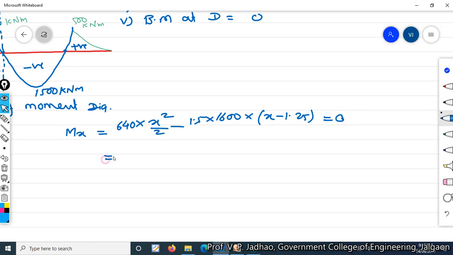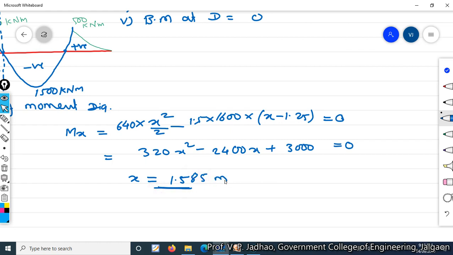So after solving this, we will get 320 x square minus 2400 x plus 3000 is equal to 0. If we solve this equation, we will get x is equal to 1.585 meters.